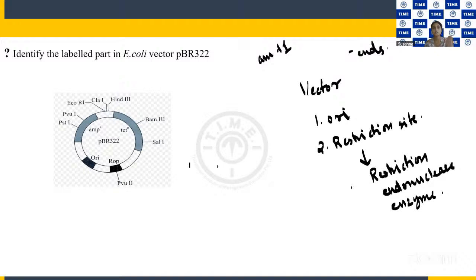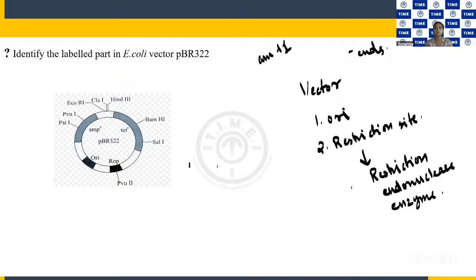So in this case, we have two genes in the vector pBR322, ampicillin resistance and tetracycline resistance. I hope you have got an idea about what a vector is and what the important characters of a vector are. When we study in detail, we will be going into each of these characters, because we have a lot of questions coming from that area.